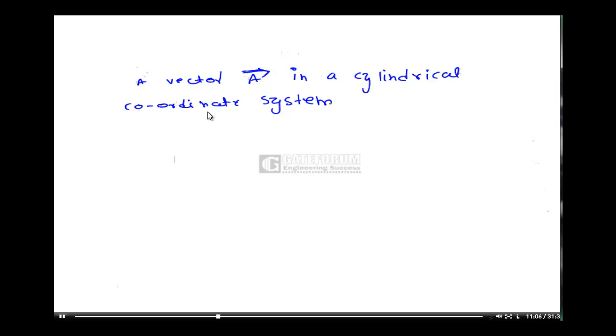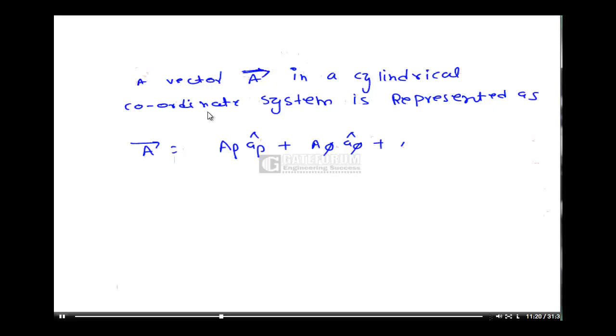It is represented as A bar = A rho bar + A phi bar + A z bar. So like this I can represent a vector.